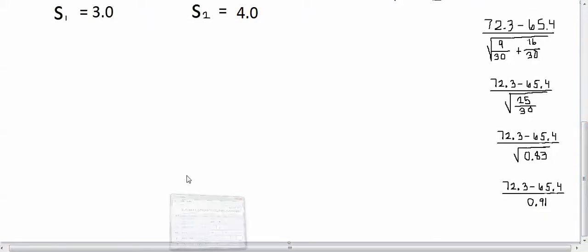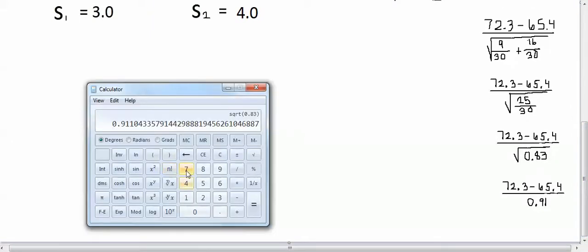Now we're going to subtract 72.3 minus 5.4.